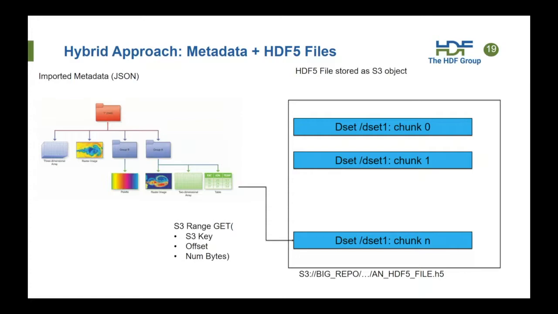And if you're doing things like reading links or getting dataset types or space, it works just like before, except when you're reading dataset data, it figures out which chunks are being accessed, and it transparently redirects those to S3 range gets on the original source file. Okay. So using this setup, it's much faster to import files, and you're not duplicating the storage cost.